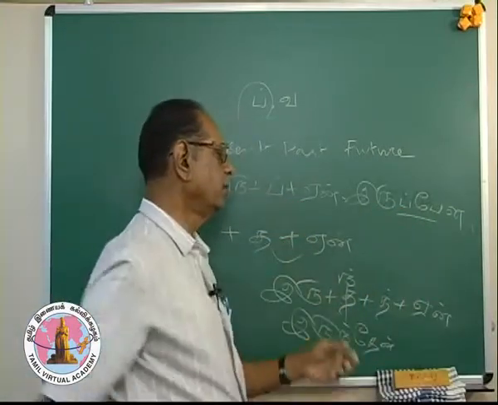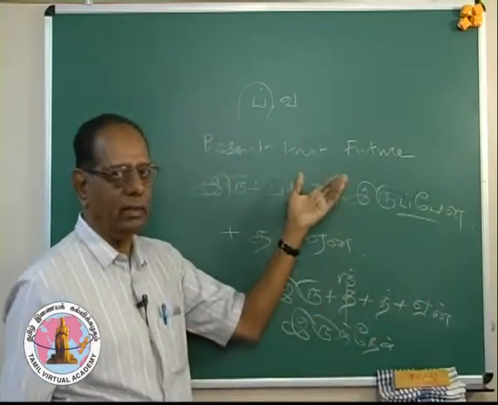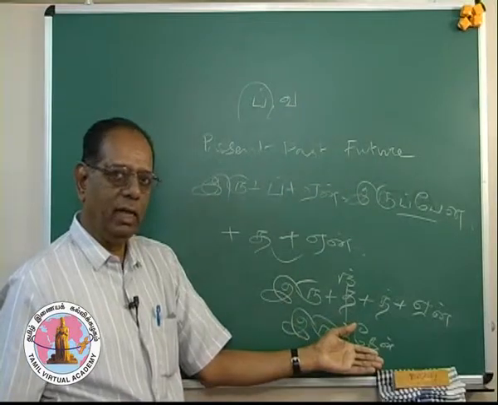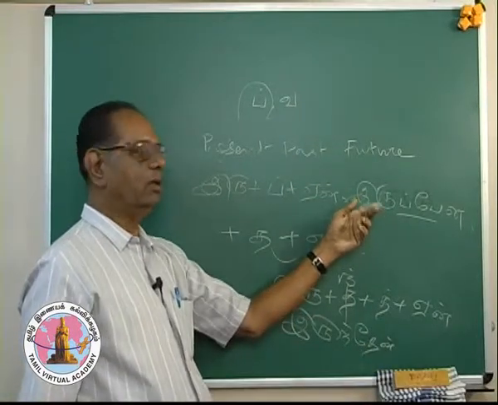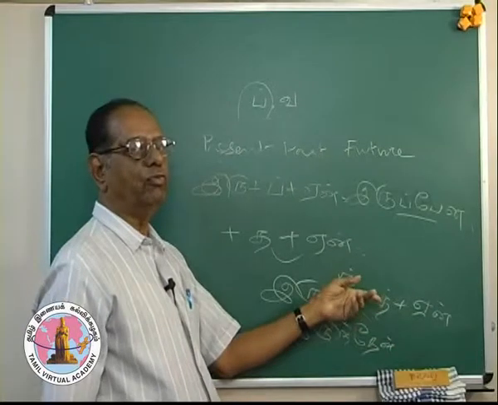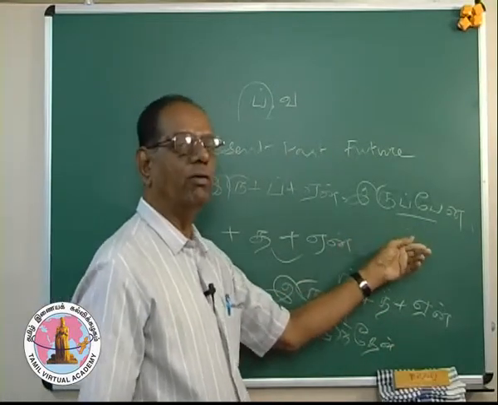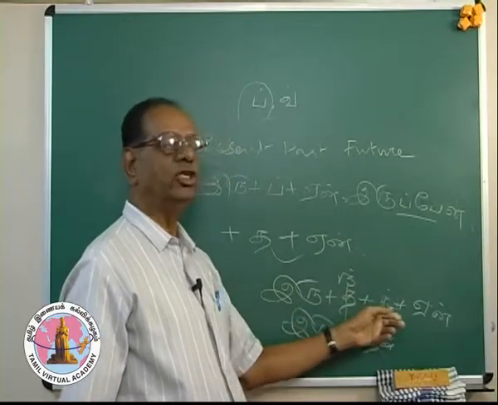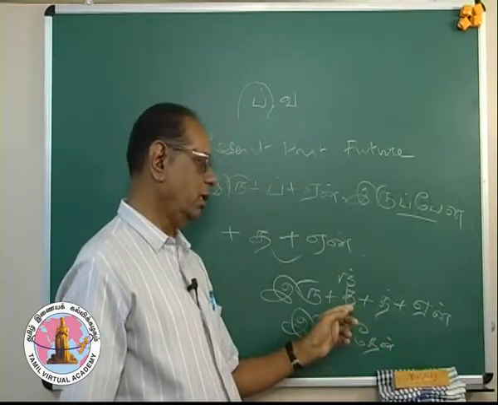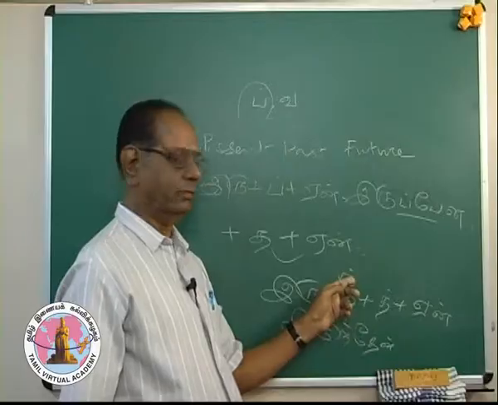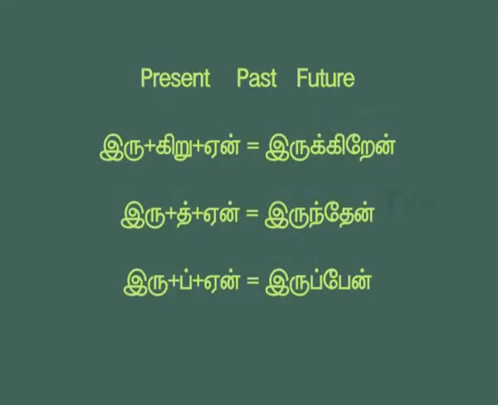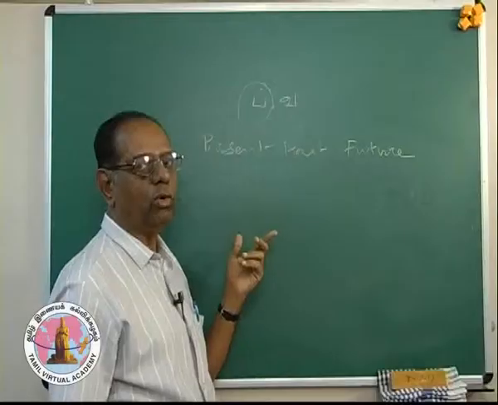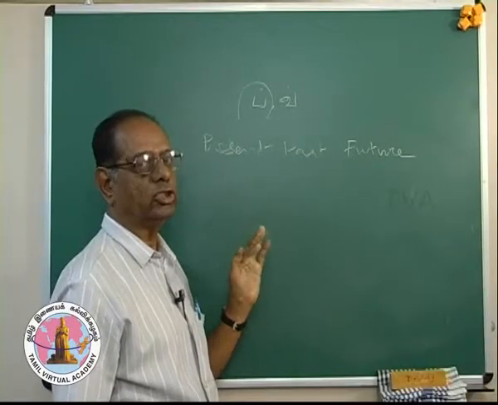Iruppen. So, irukkiren, irundhen and iruppen. In all the three forms, you find the doubling of the tense marker. And this has an additional change of it become in. Knowledge of conjugation.